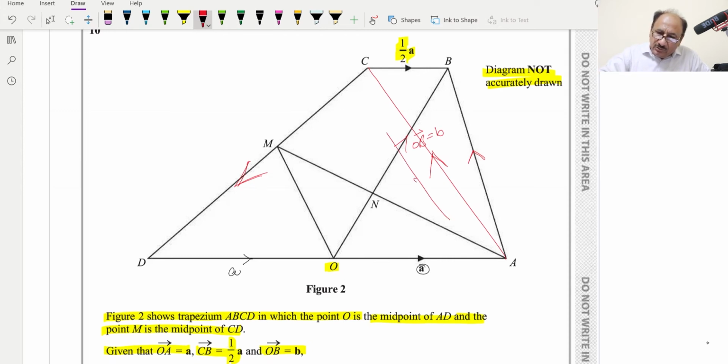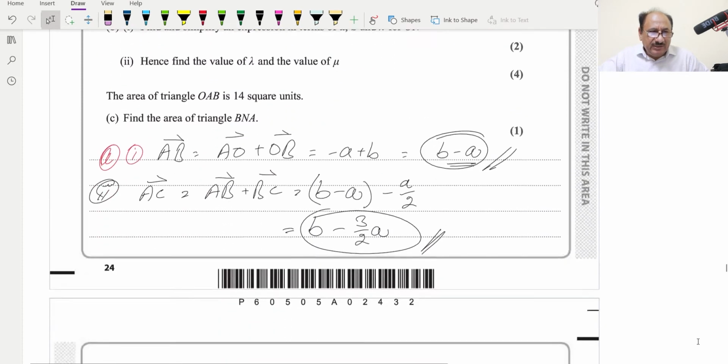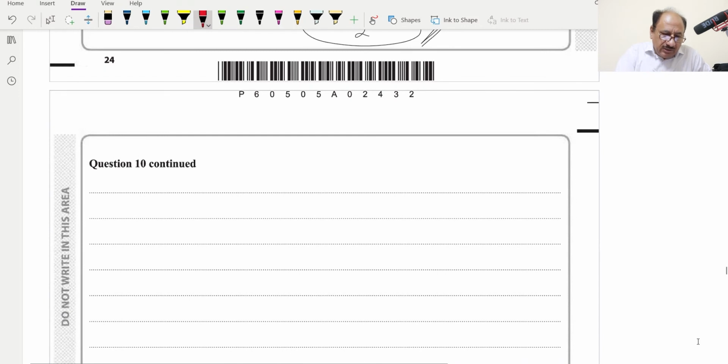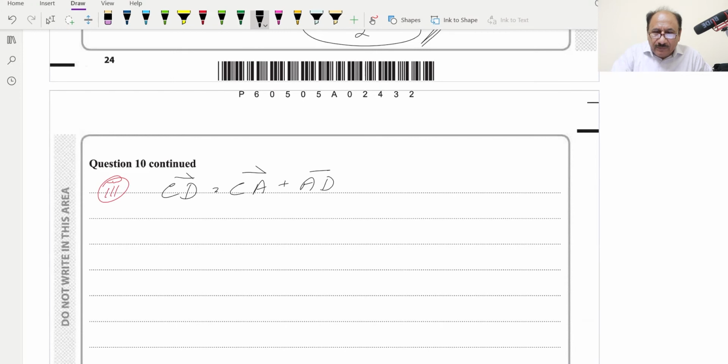CA will be this route and AD will be this one. So we can use this route CA plus AD. So this will be the third part, which we can mention over here, and the CD vector will be equal to CA vector plus AD vector.